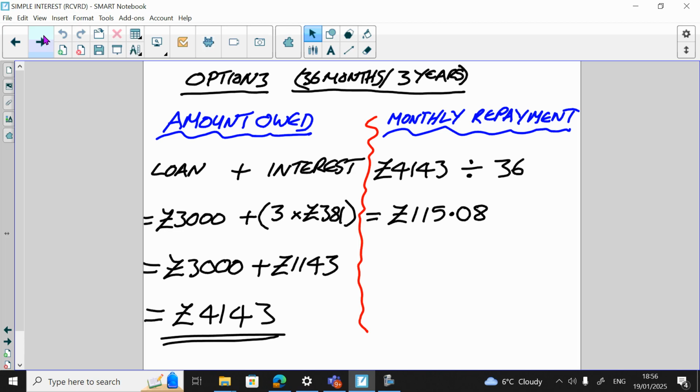And they're saying it's 115.08. It may have been that, but they might have rounded it. Okay, so don't get all worked up about that. With banks or financial institutions, they might add a penny onto that and make it 115.09.